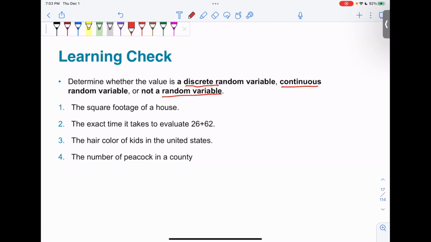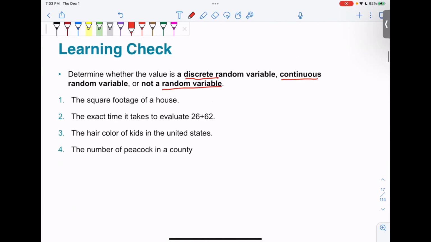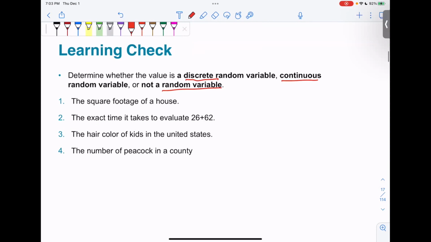So the area is continuous, because we can have a decimal point. It will not be an exact number, since this variable represents the area, so we will get half a foot or something.